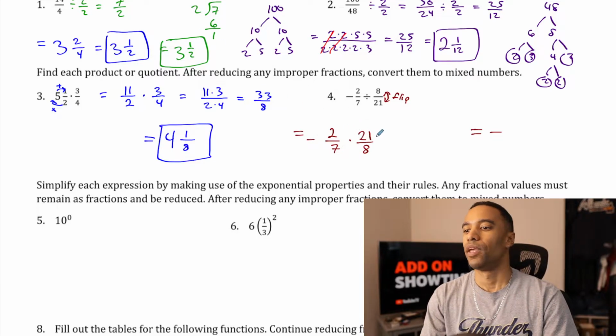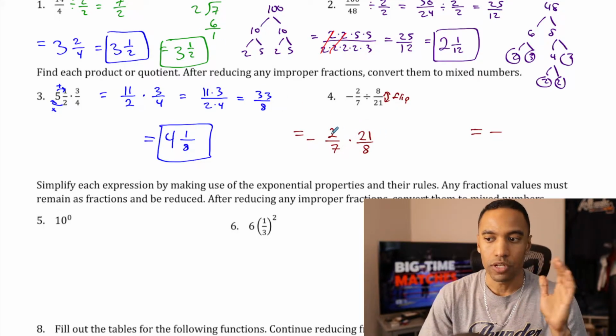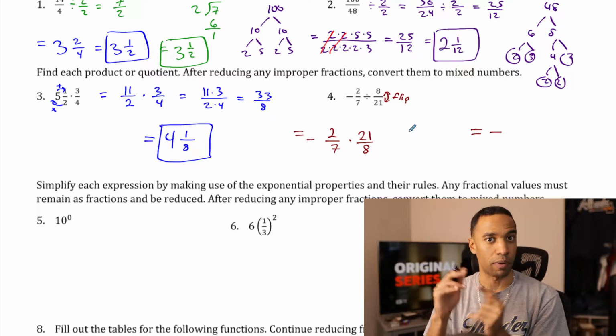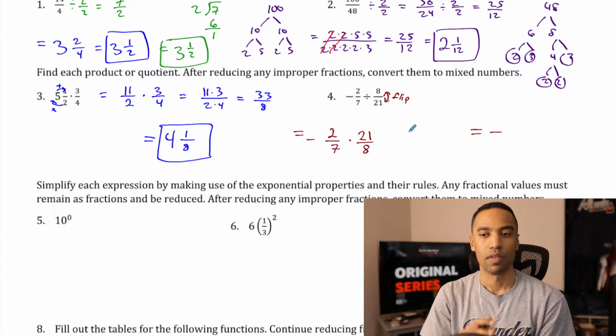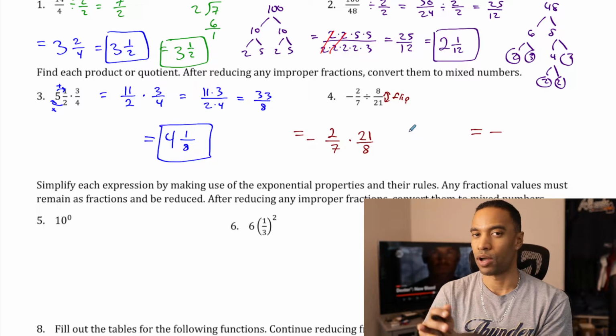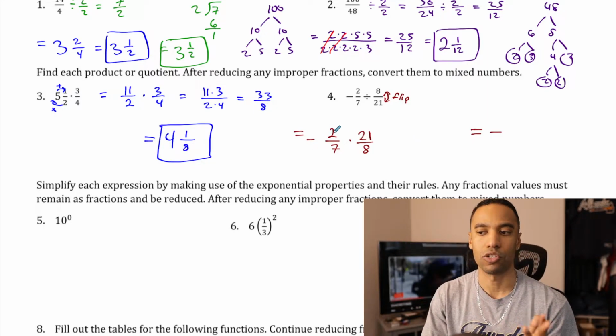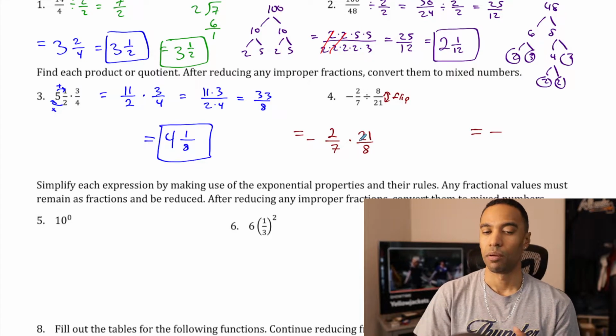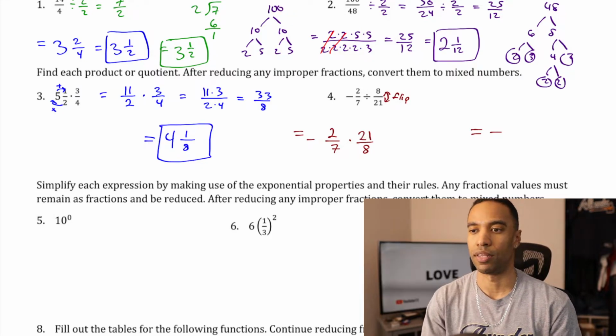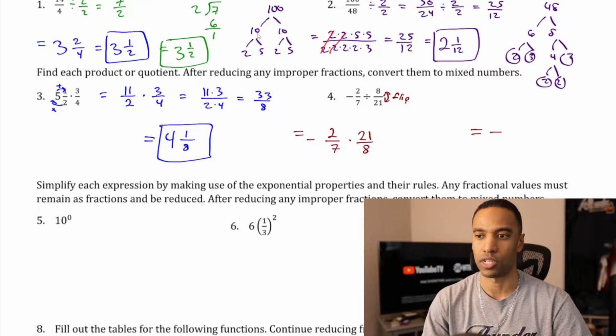So, all right. So here's the thing. You can do 2 times 21, 7 times 8 and get those, but you will have to reduce that fraction. I recommend you reduce earlier on so you can have smaller numbers to reduce with, and then you have smaller numbers to multiply. Not that 2 times 21, 7 times 8 are difficult, but if they were, that's something to deal with. And so that's a good strategy to employ.